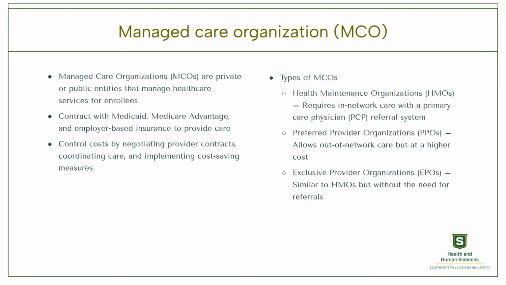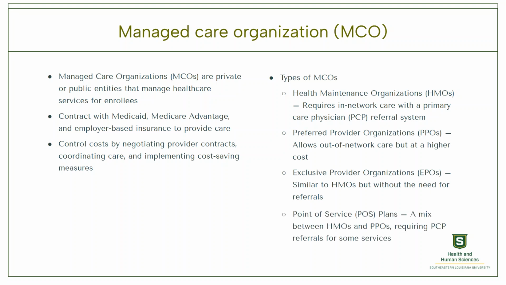And then you have the exclusive provider organizations, the EPOs. It's similar to HMOs. The only difference is that there's no limitation in terms of referral. You're still able to seek specialist care without having to be referred by your primary care physician.